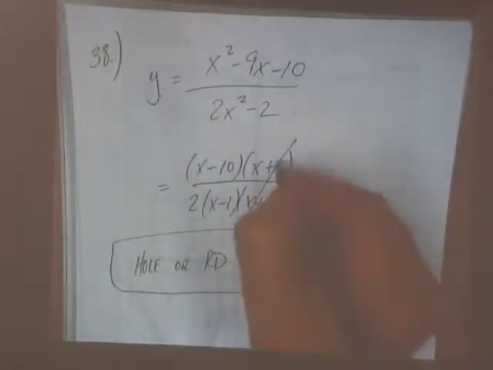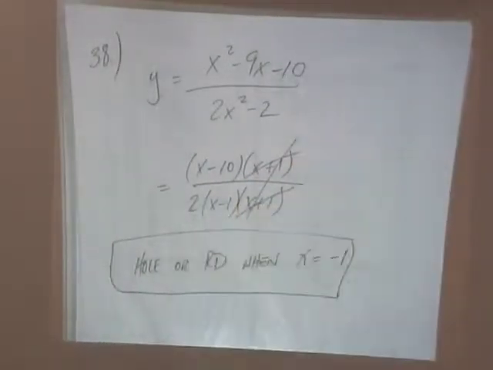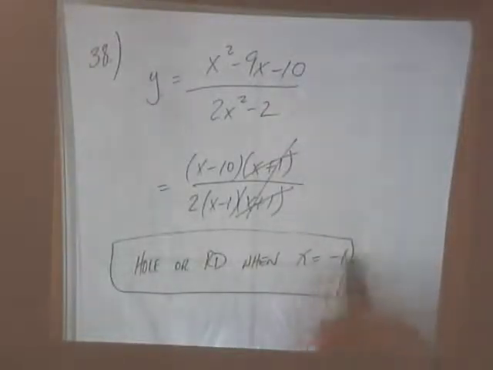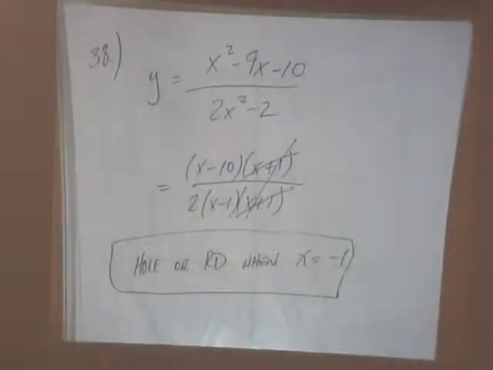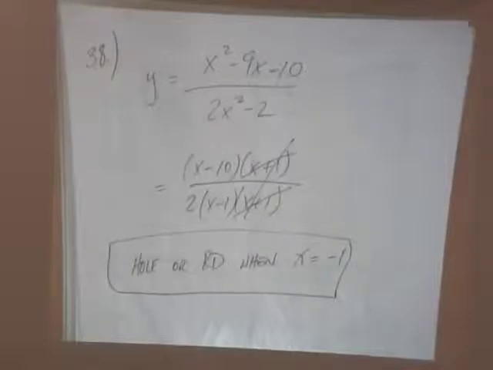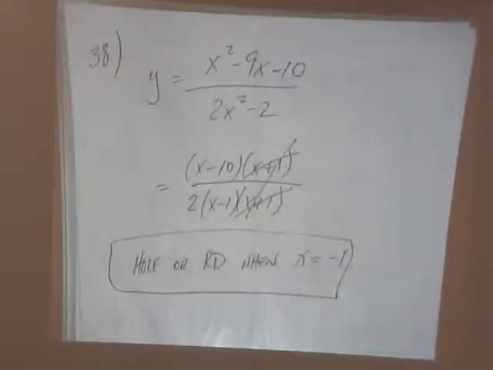Whatever you can cross out. We crossed out x plus 1 and x plus 1. That makes it a hole. And it's a hole when x equals -1. Any other questions on 38?